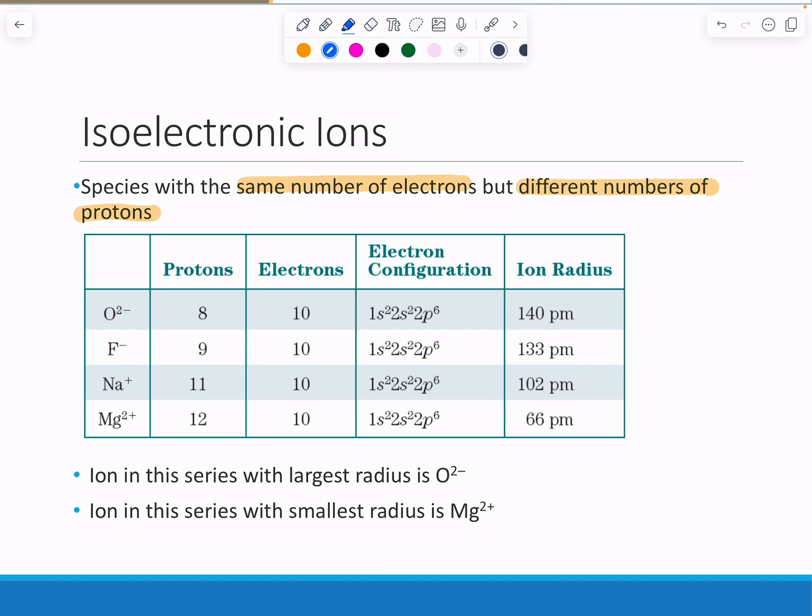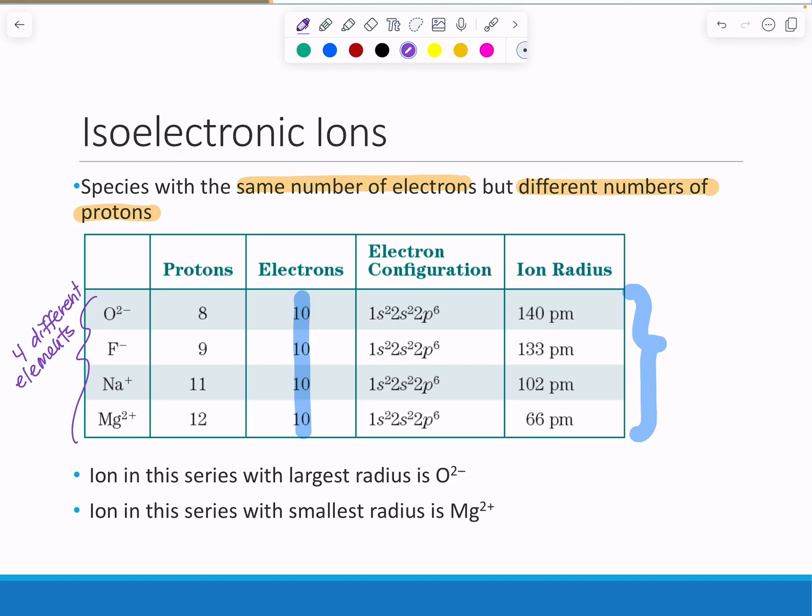So we have 4 different things, and they all have the same number of electrons, but we have 4 different elements, because they each have a different number of protons. And remember that the proton number defines what our element is.